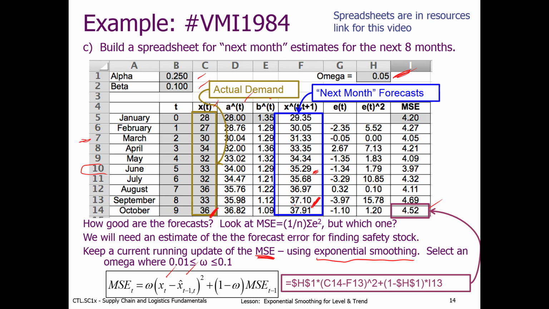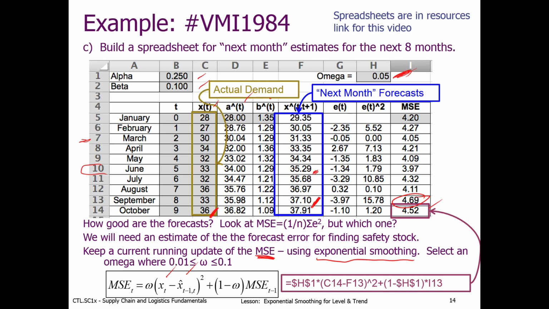So I forecasted 37.10, 36 showed up. So that's going to be 1.1 squared multiplied by that omega term, that 0.05, added to 1 minus omega times this term, my most recent estimate of the mean square error.